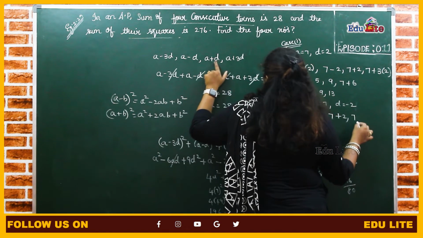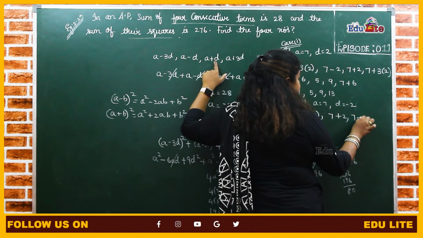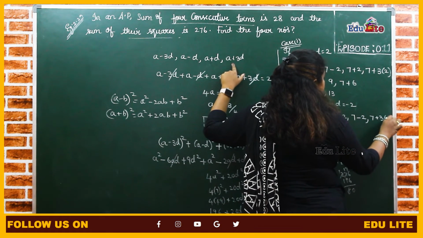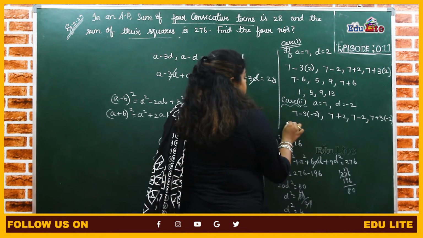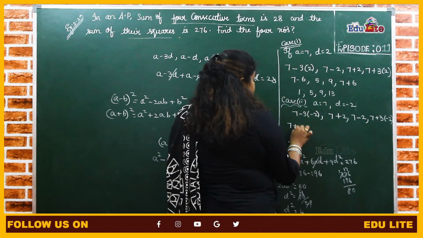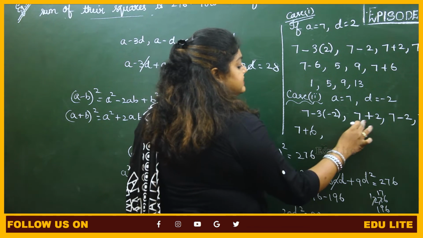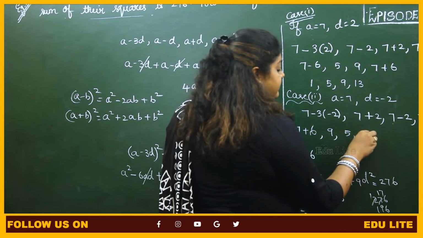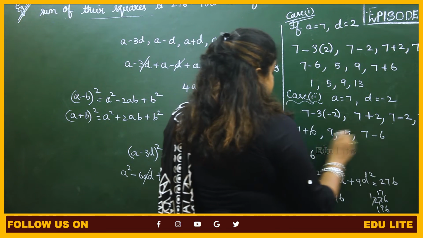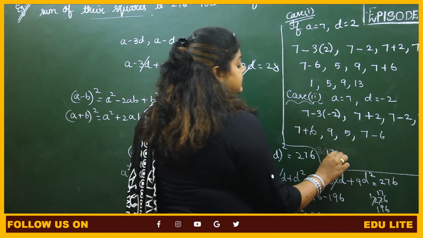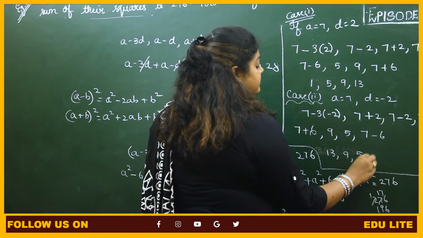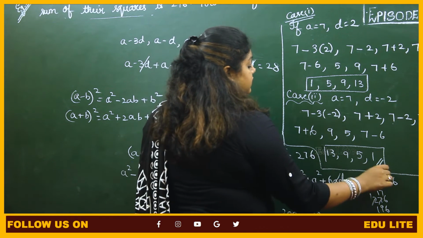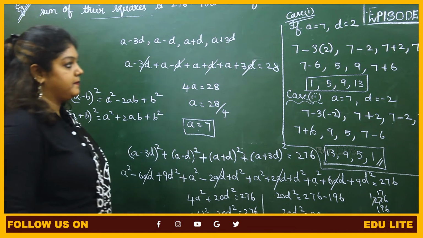A value 7, we have plus over here and D we have minus, therefore it will become minus 2, 7 plus 3 into minus 2. So 7 minus into minus plus 6, comma, 7 plus 2 it is 9, 7 minus 2 it is 5, 7 minus 6. So 7 plus 6 it is 13, 9, 5, 1. So these are the 4 consecutive numbers in both the cases. Thus, we have found.